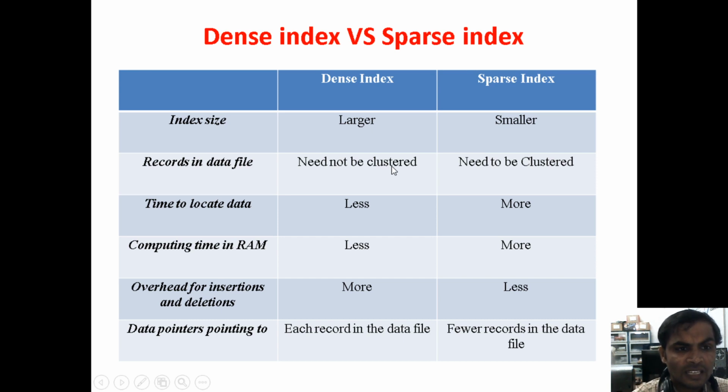Under the dense index we are not clustering, meaning we are not grouping similar values. Similar values means duplicate values do not exist under the dense index. Coming to the sparse index, it is clustered: duplicate values are grouped together, making one unique value with the help of the cluster.